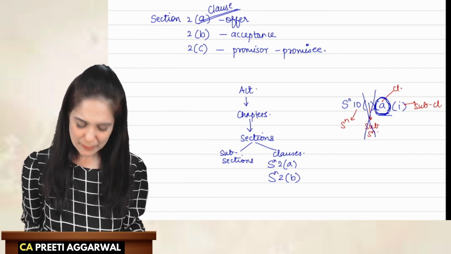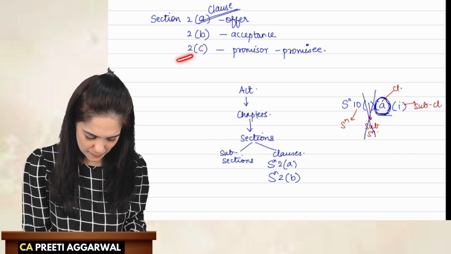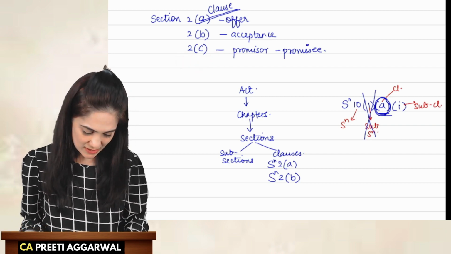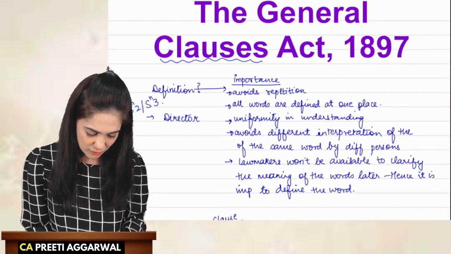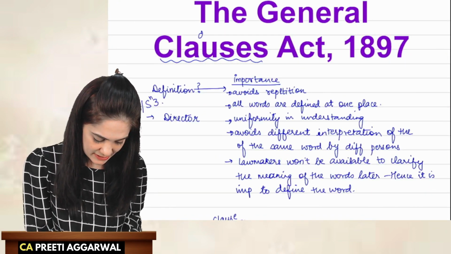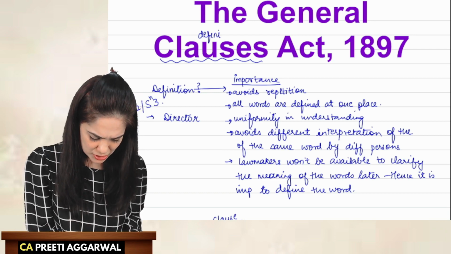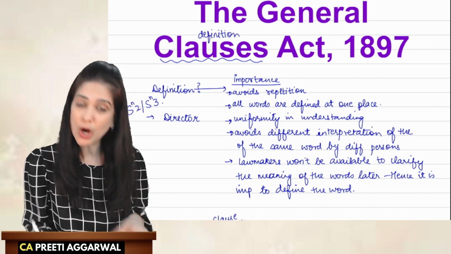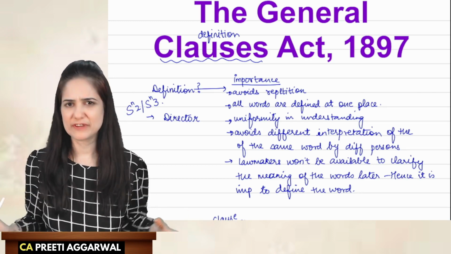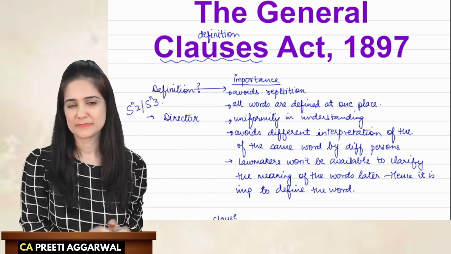To give you an example, section 2 clause C, this is what we have always studied. The word clause indicates that it is a definition, in this context now. And these are different definitions, okay? They're not connected to each other.